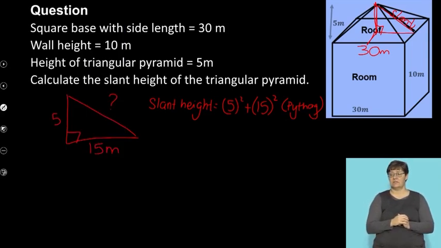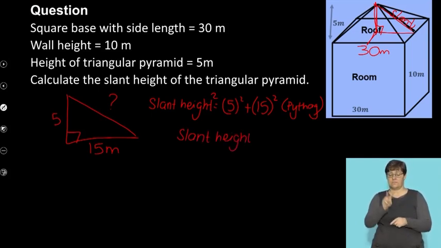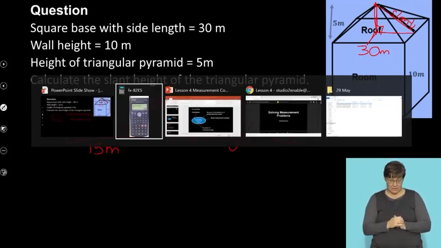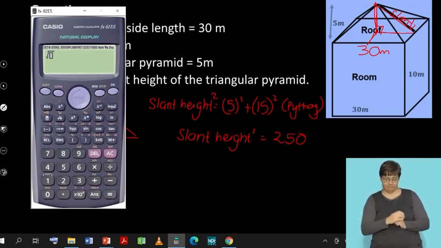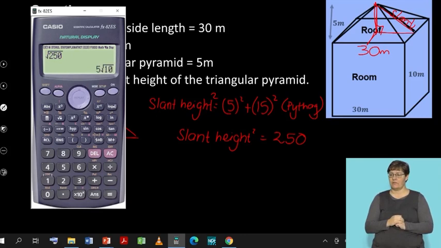So we know that this is the slant height squared. So the slant height squared is equal to 250, which means I'm going to have to square root that to actually find out what my slant height is. So we're going to take the square root of 250, which gives me an answer of 15,81.